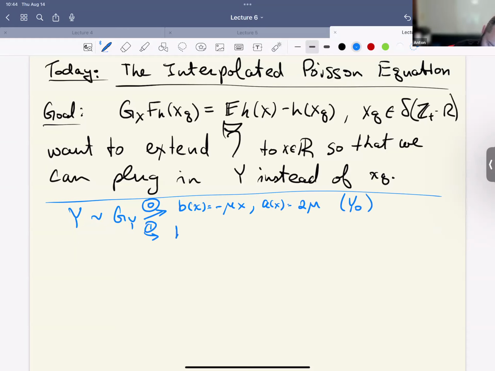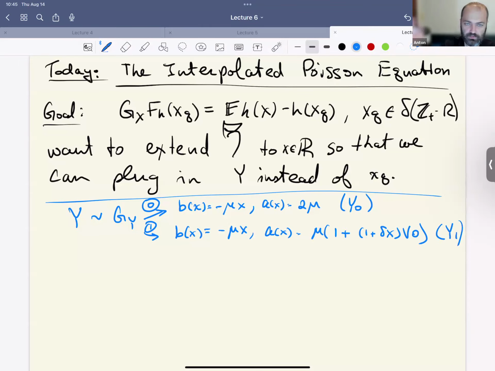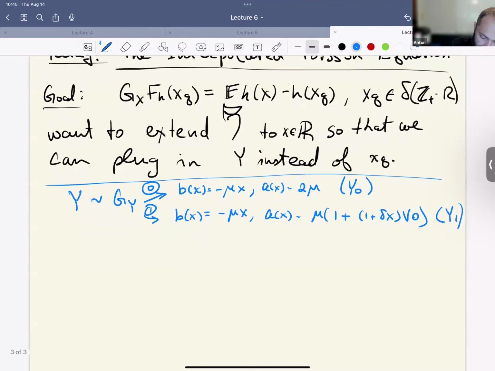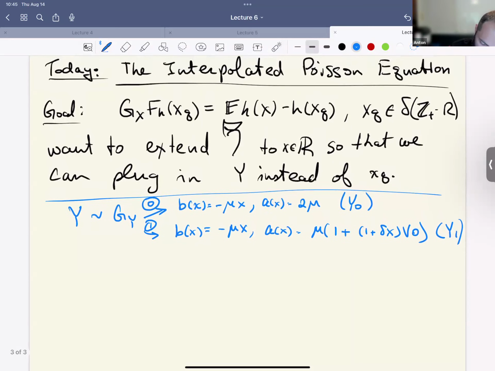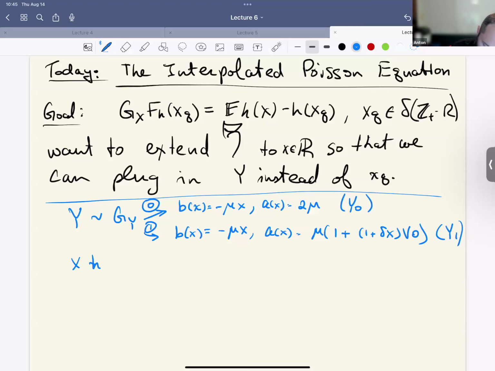And case number 1, b of x is going to be negative mu x, and a of x is going to be 2 mu times 1 plus delta x, maximum 0. So this truncation, again, is to make sure the diffusion coefficient doesn't go negative. And x has stationary distribution m infinity.